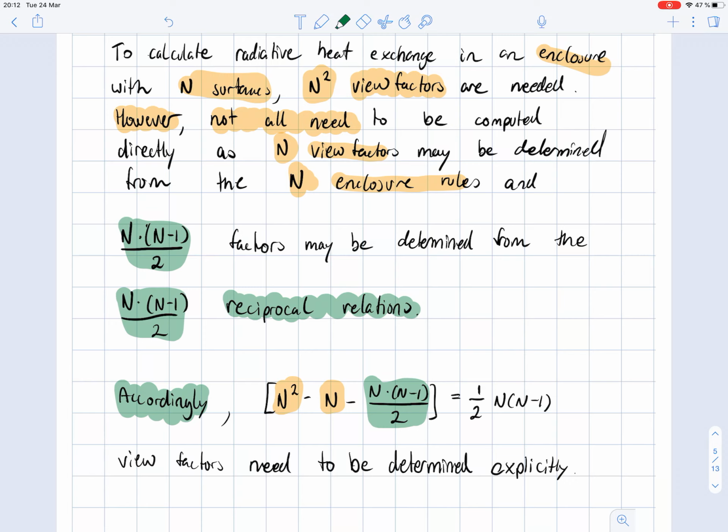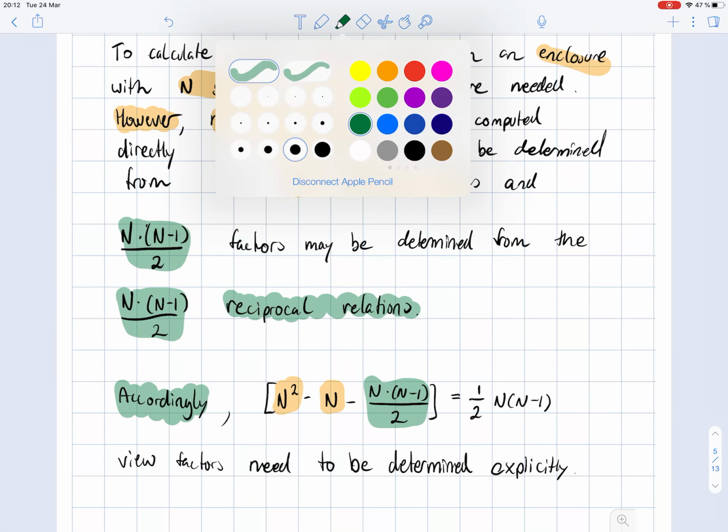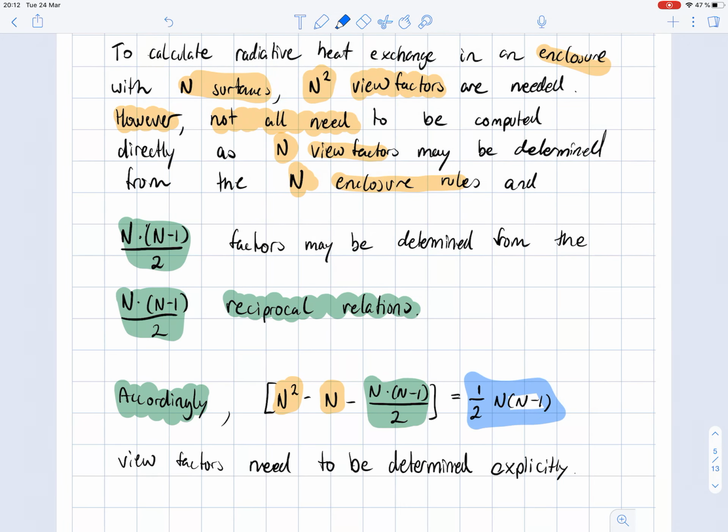And in sum, this gives you 1/2 times n times (n minus 1) view factors that you have to determine explicitly. That can be either by calculating the actual integral that you need, that you can do in principle at least, or you can determine it from a relation stating that, for example, this is a flat surface, so F11 is 0, for example.